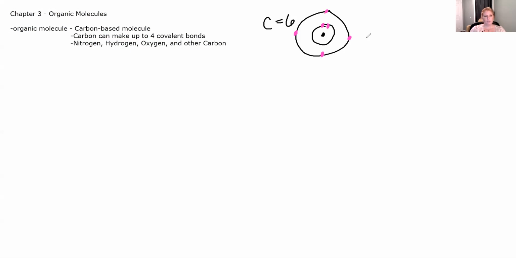Everything in this chapter focuses on this kind of organic chemistry, basically the chemistry of life.